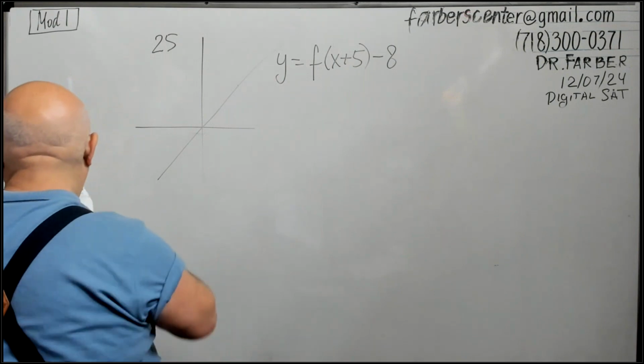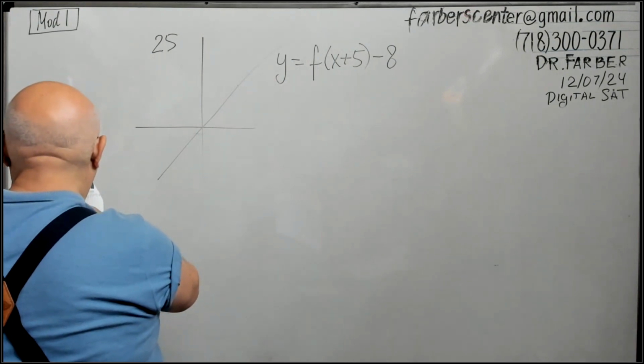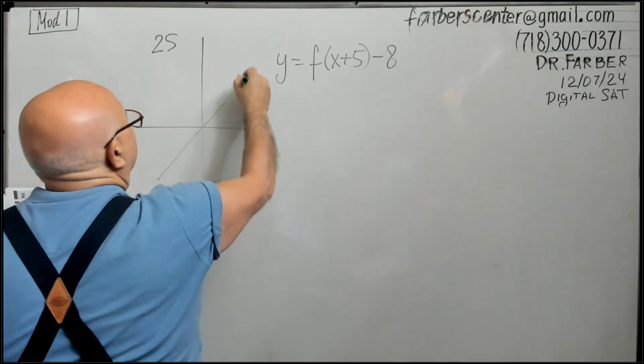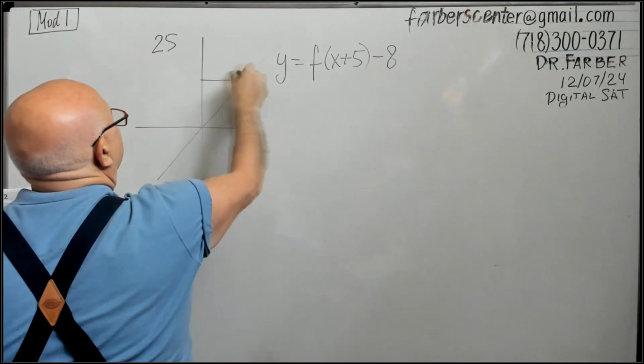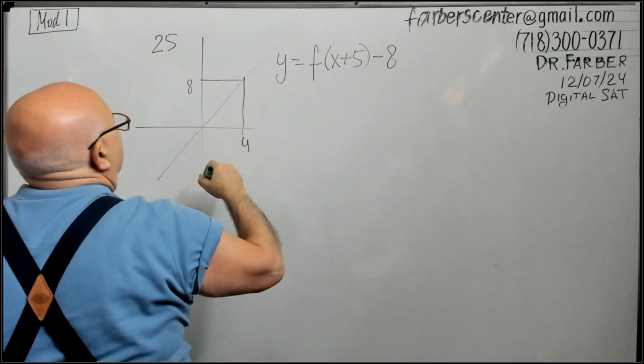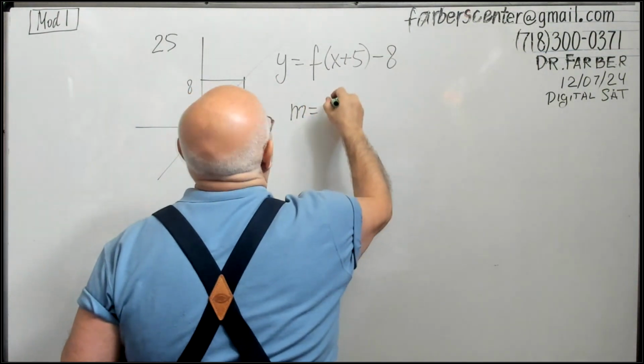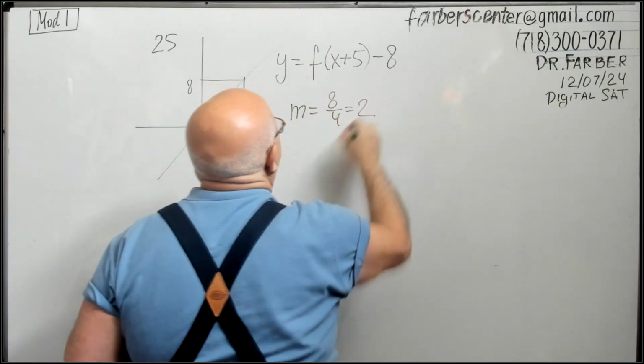Any point, like 8 over 4, 4 and 8. The slope m equals 8 over 4, which is 2, on this graph.